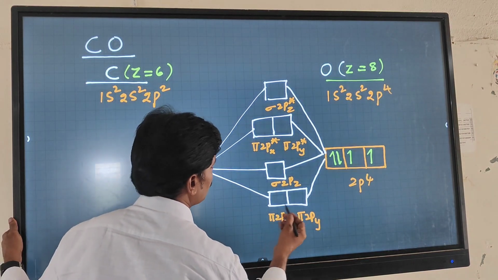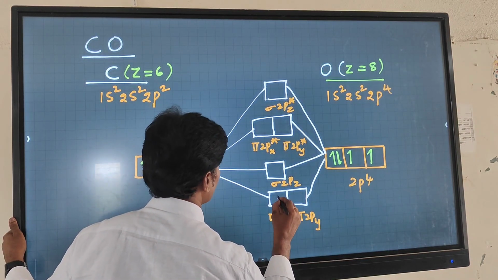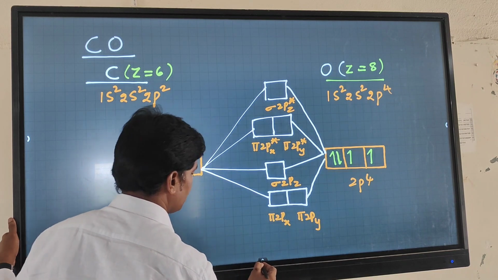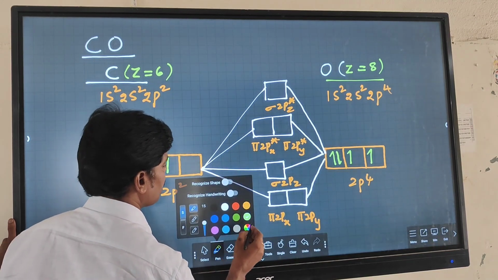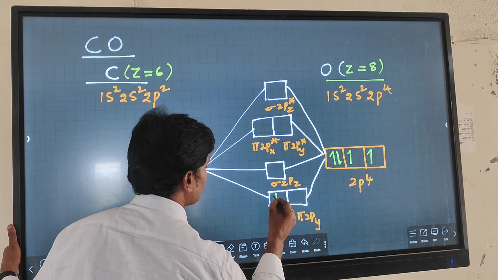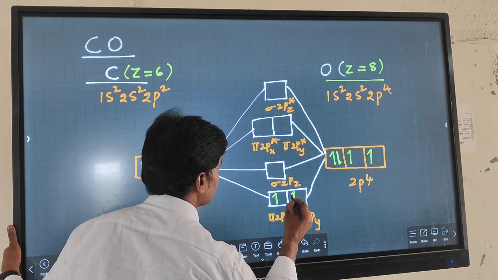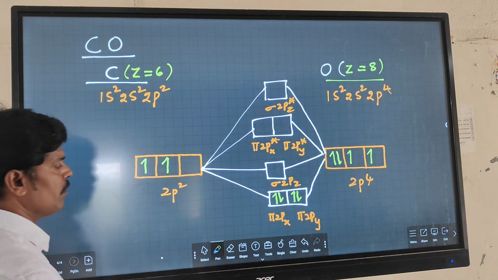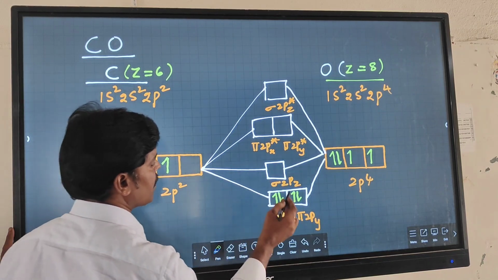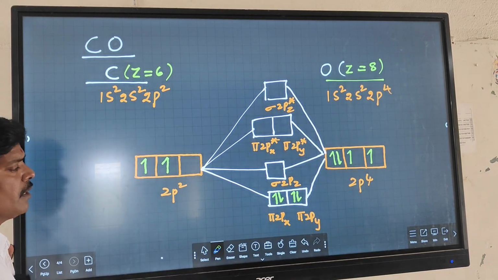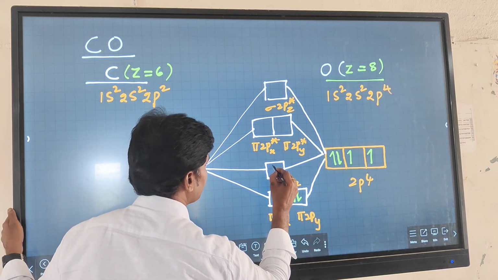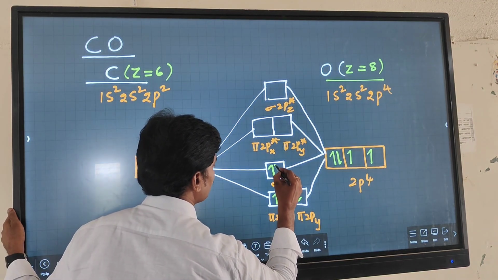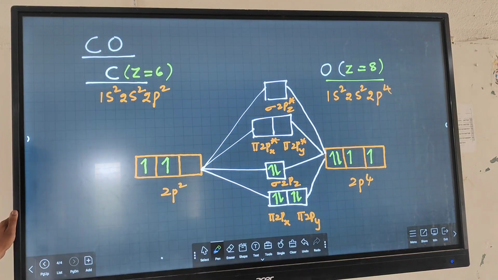So here 2 orbitals with the same energy, so we distribute 1 electron each first, then pair up 1 electron for this one and another electron, then again I will pair up this orbital, 2 electrons in this orbital. We have 6 electrons, 4 electrons already filled up, remaining 2 electrons I put into sigma 2pz. Now this diagram is completed, we call it the molecular orbital diagram.